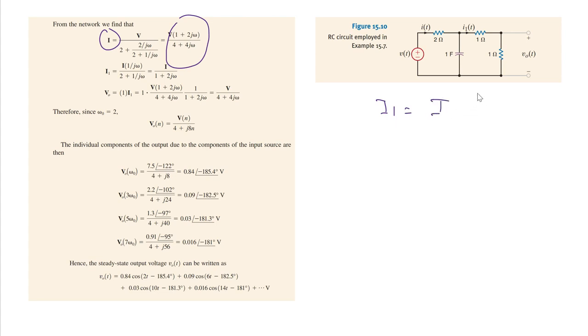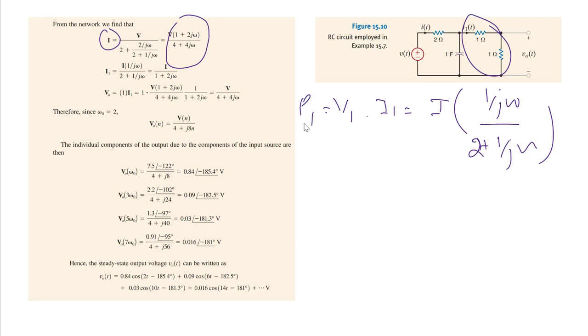So input is I, and the branch in which it is not flowing is 1 farad, which is 1 over j, and the branch in which it is flowing is 1 plus 1 over j omega. So we calculate this thing like this. Not 1, 2. This thing is 1 plus 1, 2. Okay, so this is our I1.